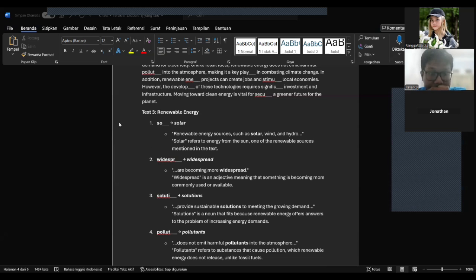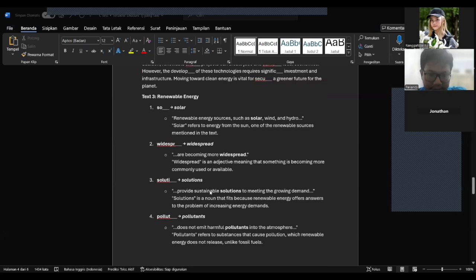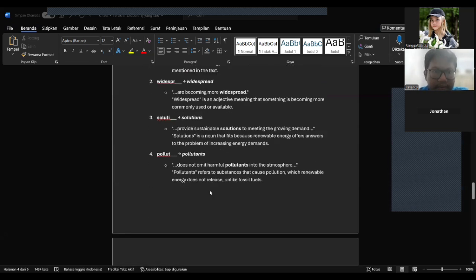In number three, "solution" is a noun that fits because renewable energy often answers the problem of increasing energy demand. Number four, "pollutants" refers to substances that cause pollution, which renewable energy does not release, unlike fossil fuels.